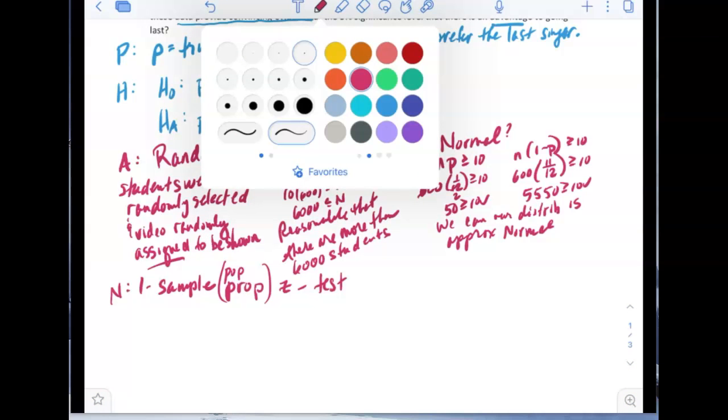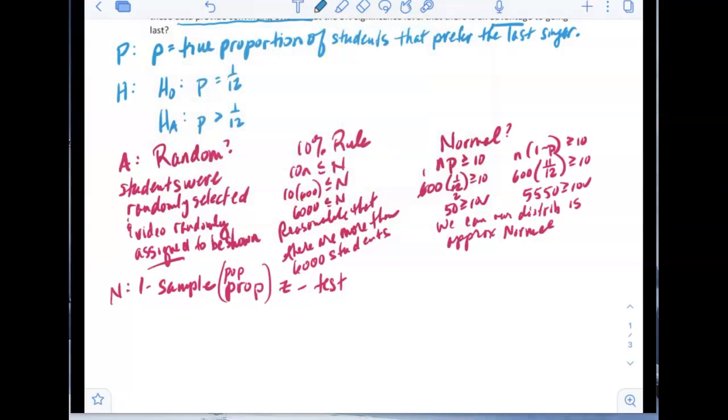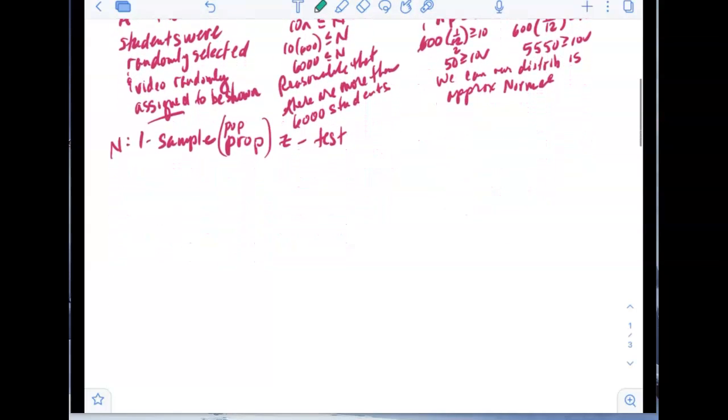Then the next one we're gonna do is the mathy section. So our mathy section is up next. That is under T for phantoms. That is gonna be our test statistic. So test statistic in this case is going to be a Z, right?